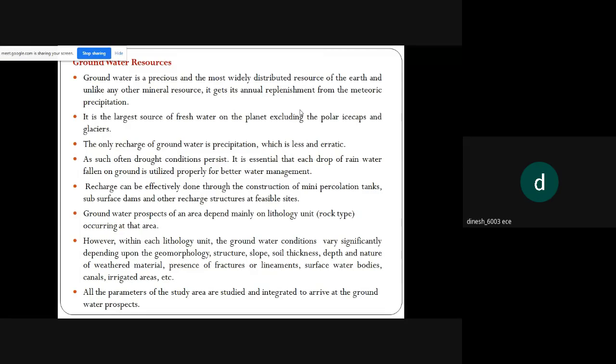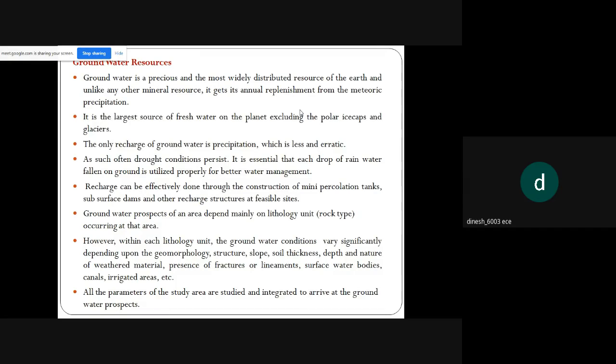So here is where remote sensing and GIS comes into play, in order to find better groundwater resources or freshwater resources. The recharge of water can be effectively done through the construction of mini percolation tanks, subsurface dams, and other recharge structures at feasible sites.